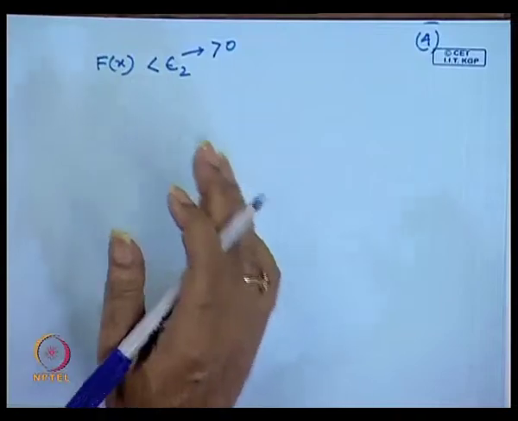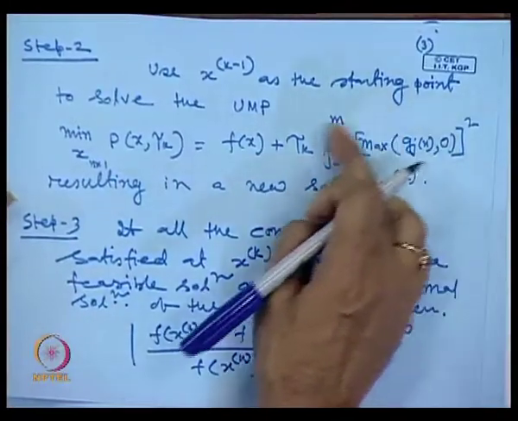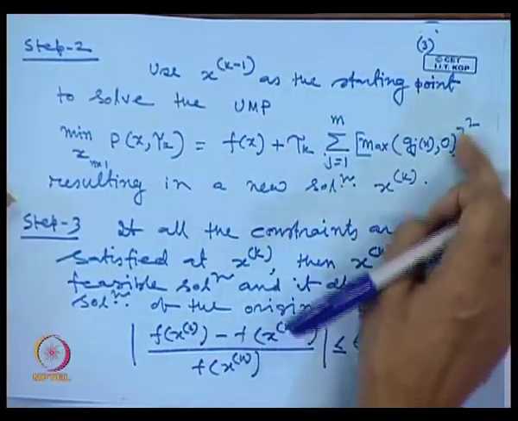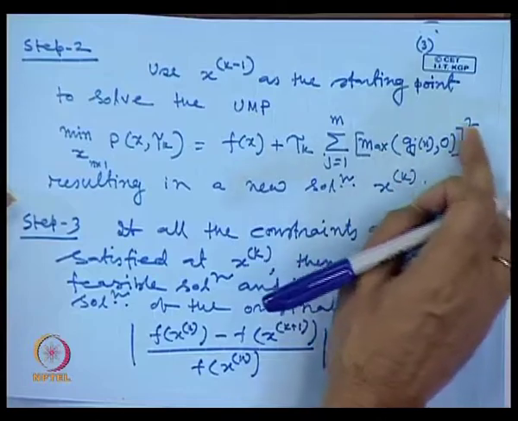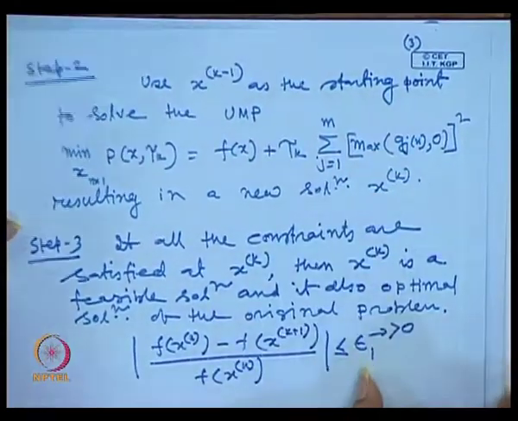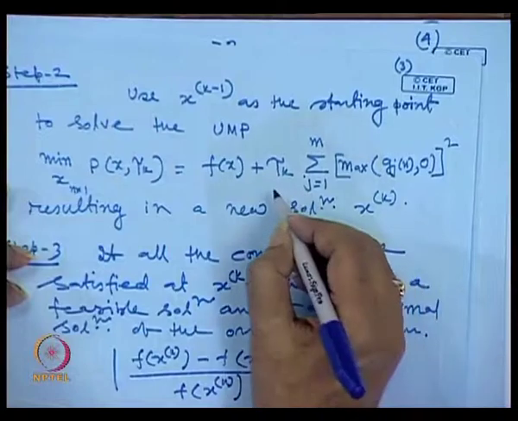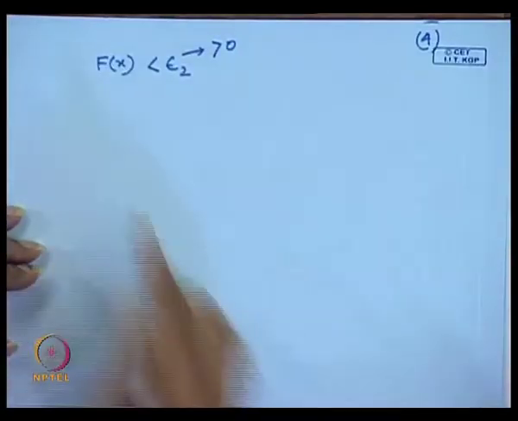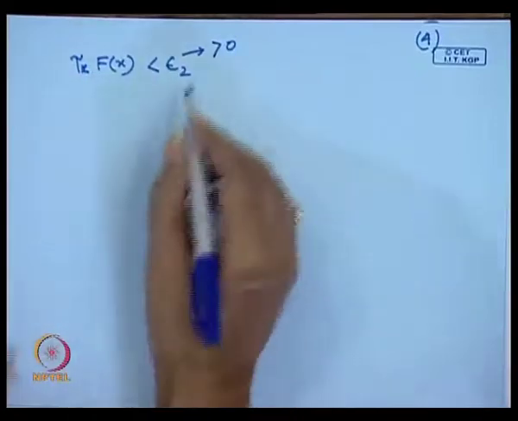That means, if you see our objective function or penalty function, if this term is very small quantity, then you can stop the iterations. That means this quantity, f of x into tau, is a small quantity, then you can stop the iteration.